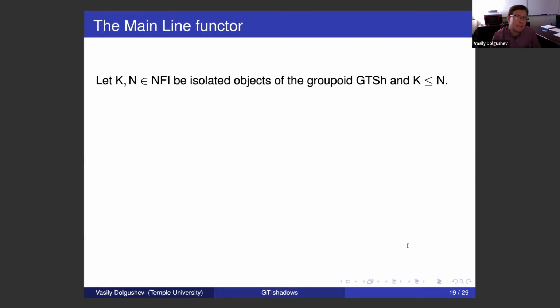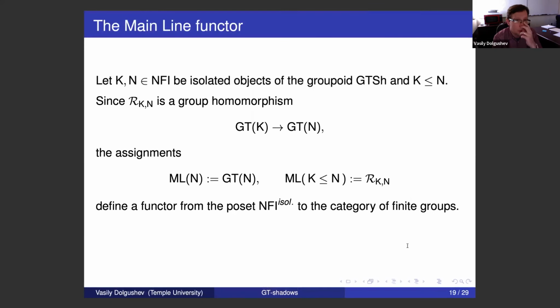Just to complete the story, it makes sense to mention what I call the mainline functor. Given K and N, let's assume that they're isolated objects of this groupoid, and K sits inside N. Let me remind you that the reduction map was a homomorphism of groups. Then this assignment gives us a functor.